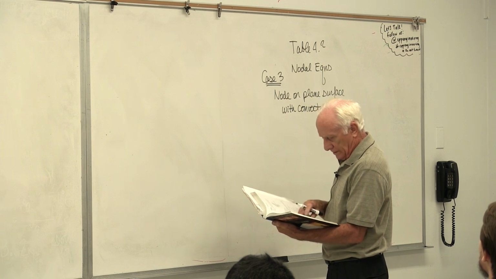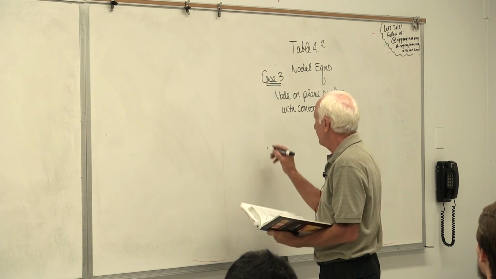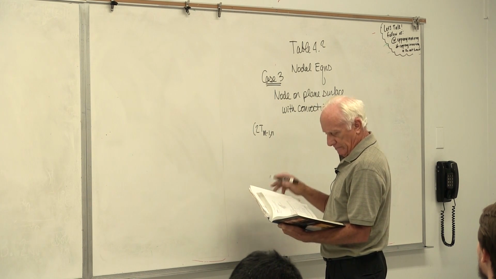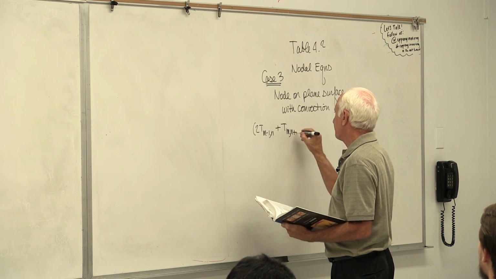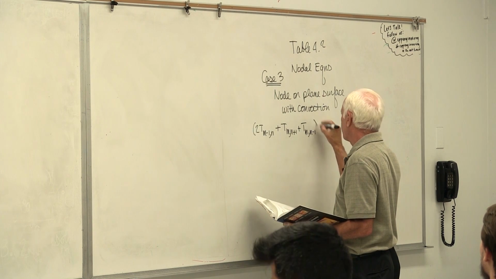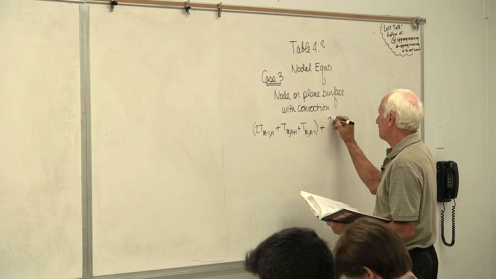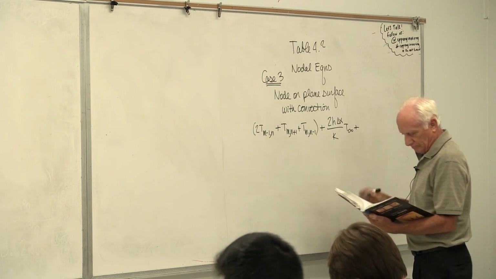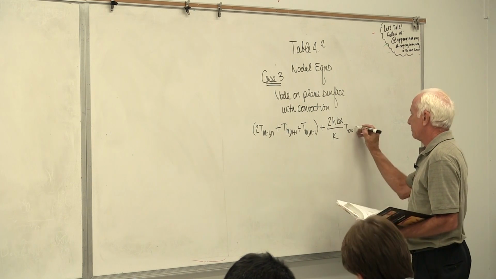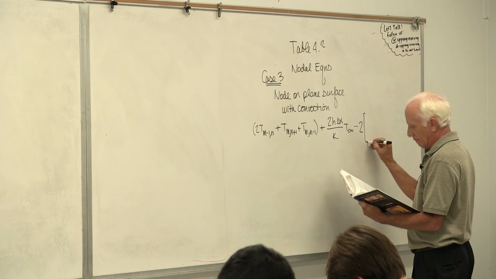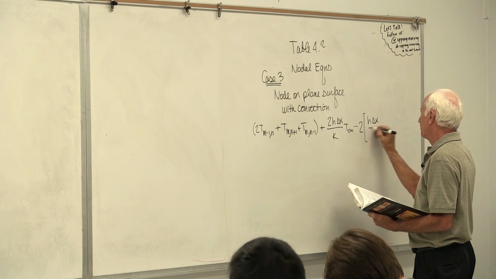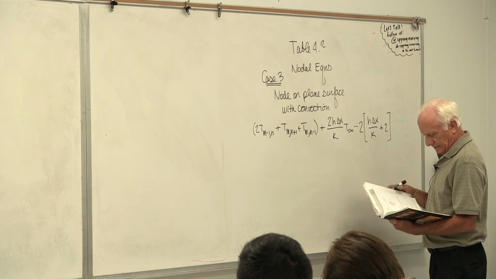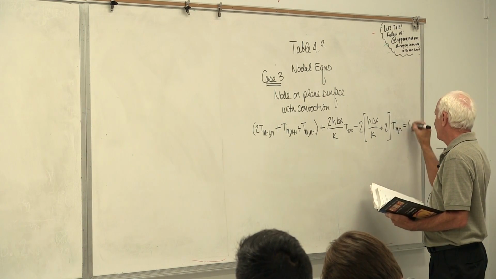So here is again with the Mn coordinate system, case 3: 2 T m minus 1 n plus T m n plus 1 plus T m n minus 1 plus 2h delta x over k T infinity minus 2 times the quantity h delta x over k plus 2 T m n equals 0.